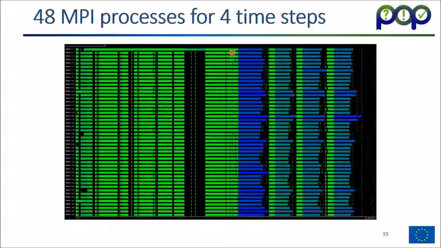So up until about this point, we have an initialization phase within the code, and then we have 1, 2, 3, 4 time steps, and then a shutdown phase. What the bars actually indicate in this particular example is a given process performing useful computation. That basically means it's not involved in any communication or I/O.